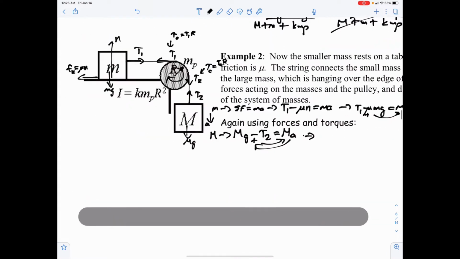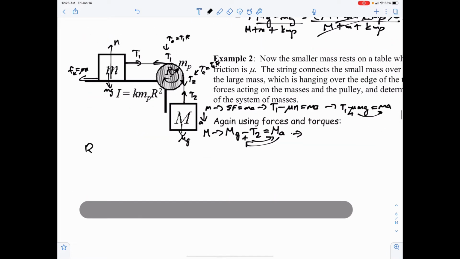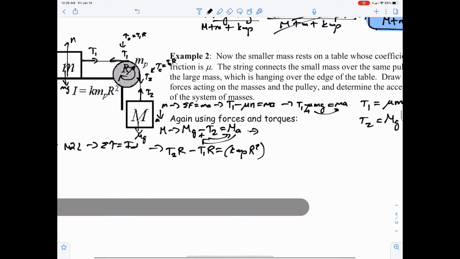Now, last step, we're going to use rotational Newton's second law, which is just net torque equals I alpha. The causing torque is tension 2 times radius minus the opposing torque, which is tension 1 times the radius, is equal to, you can see what the I is there, K m_p R squared times alpha, which is a over R. Remember the substitution.